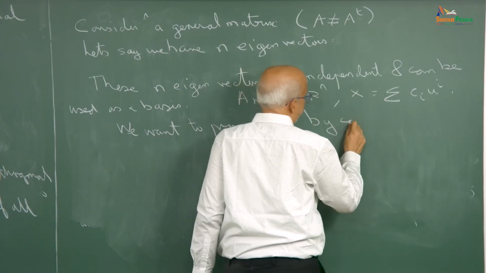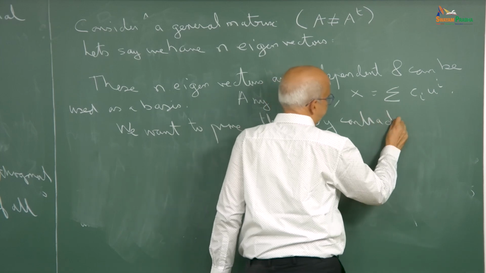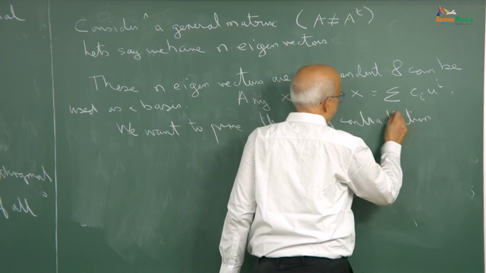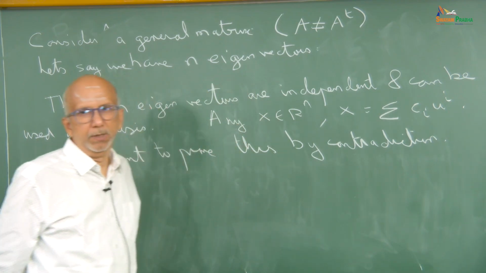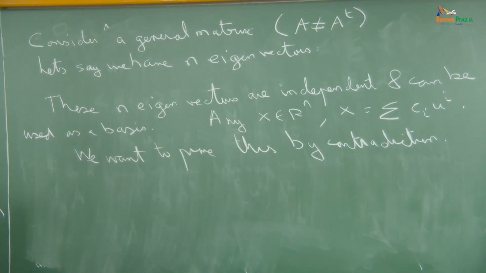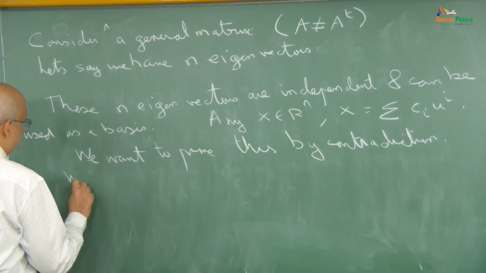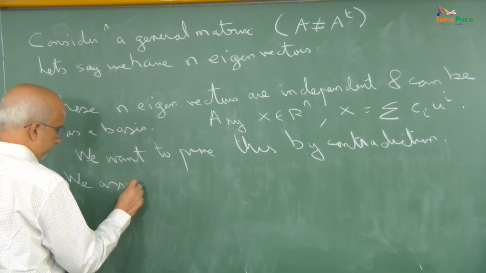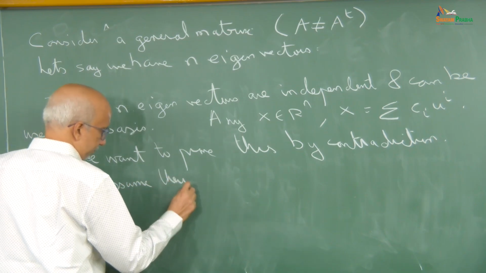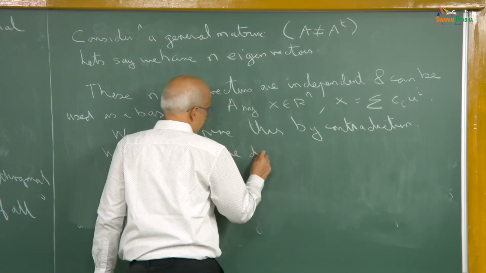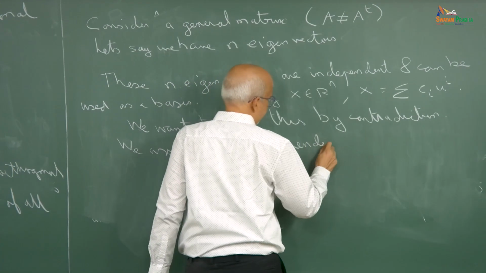Contradiction means we assume that they are dependent.